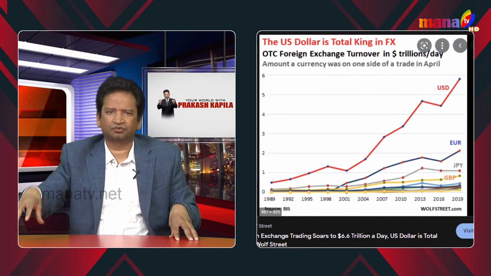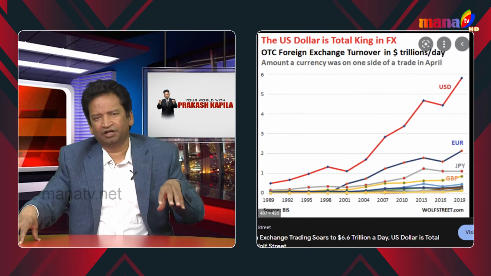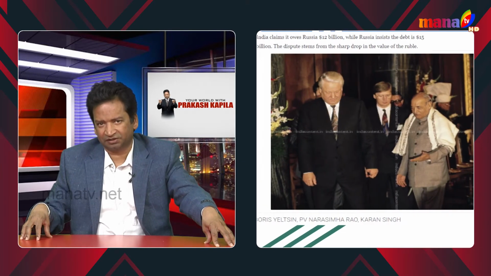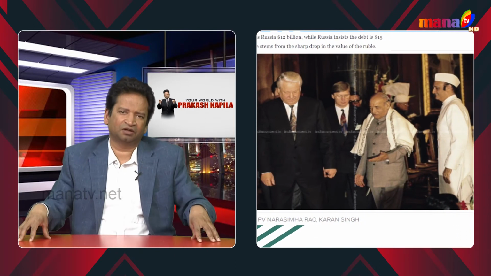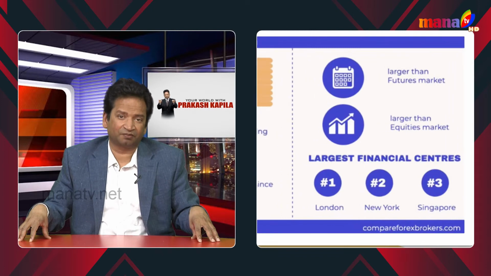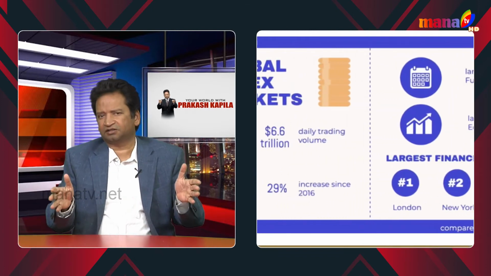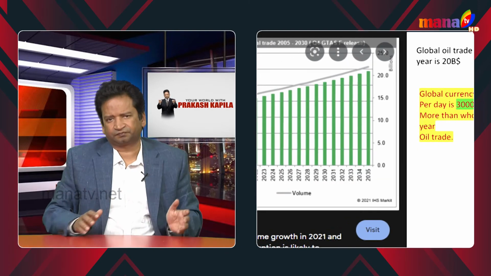It is close to around 200 billion. India buys 300 billion worth of goods from the US, and the US buys 200 billion worth of goods from India. So, the net is $100 billion is what India is giving on a regular basis to America.